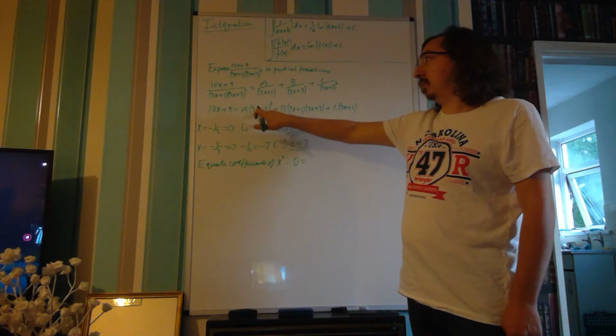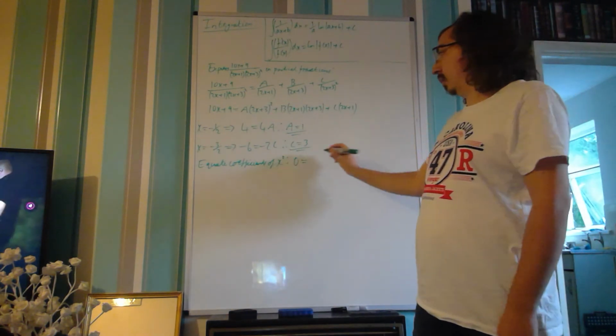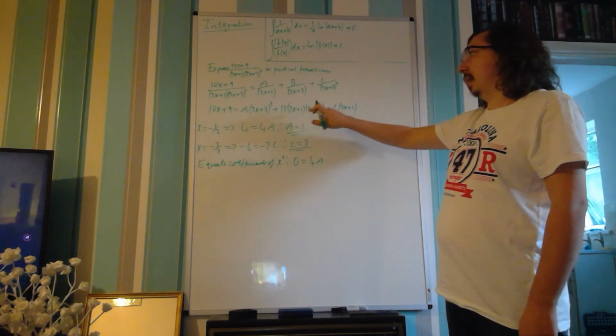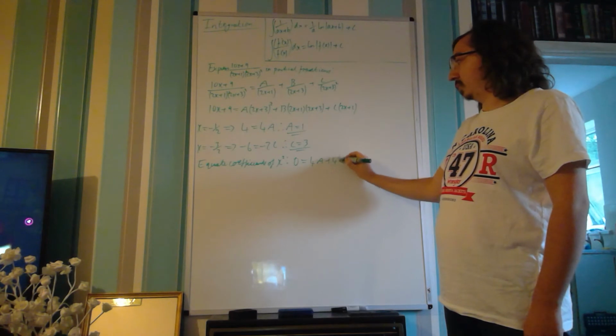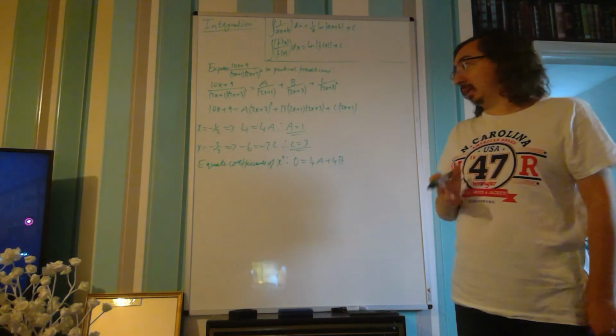On the term here, you would have a 2x times a 2x, which is 4x squared. So we get a 4A term. And on our expression here, again, 2x times 2x, which is a 4x squared. So the coefficient you've got is a 4B. And the C term doesn't generate a coefficient.